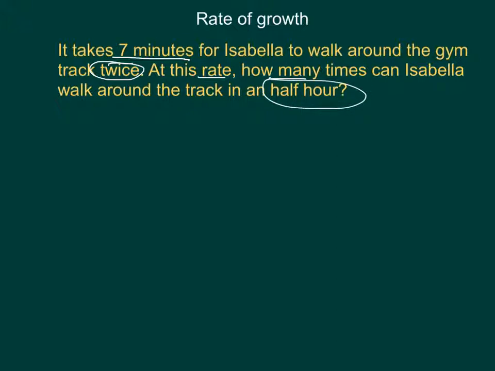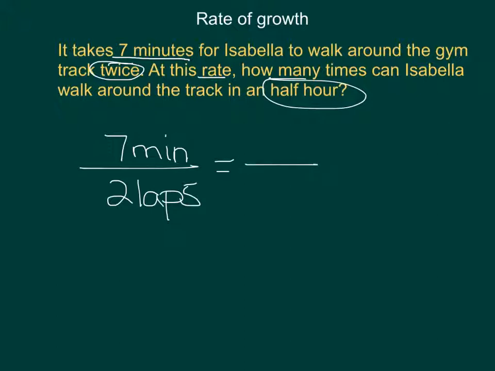So we first want to set up our proportion. In 7 minutes, she can walk 2 laps. We want to know how many laps, so we'll say x laps, can she walk in a half an hour. But since they originally gave it to us in minutes, we want to turn that into minutes.